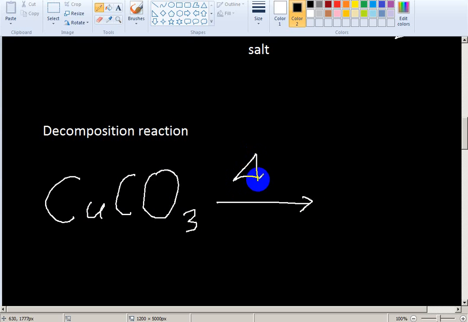Delta means energy. Energy is needed, and it breaks down into copper oxide and carbon dioxide. This is the decomposition reaction. In decomposition reactions, a big molecule compound breaks down into smaller ones. Here heat is needed, supplied energy is needed. We will supply energy for this reaction, so energy is gained from the surrounding and it breaks down. This is the decomposition reaction.